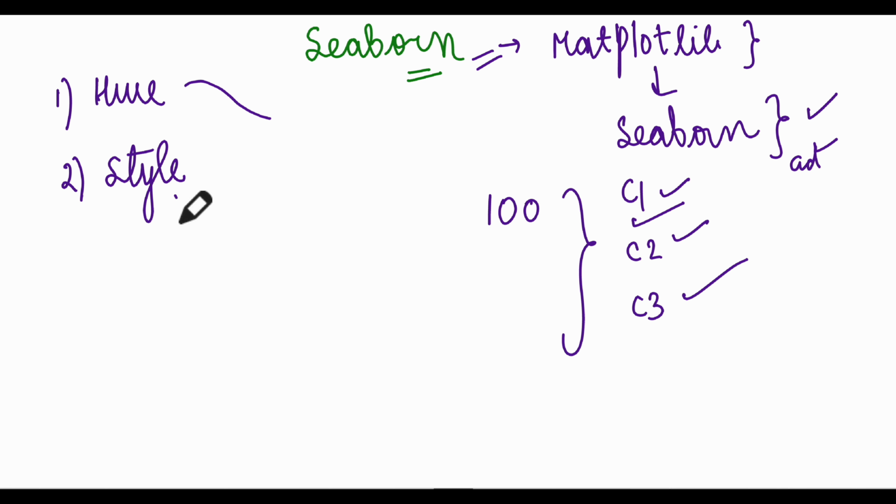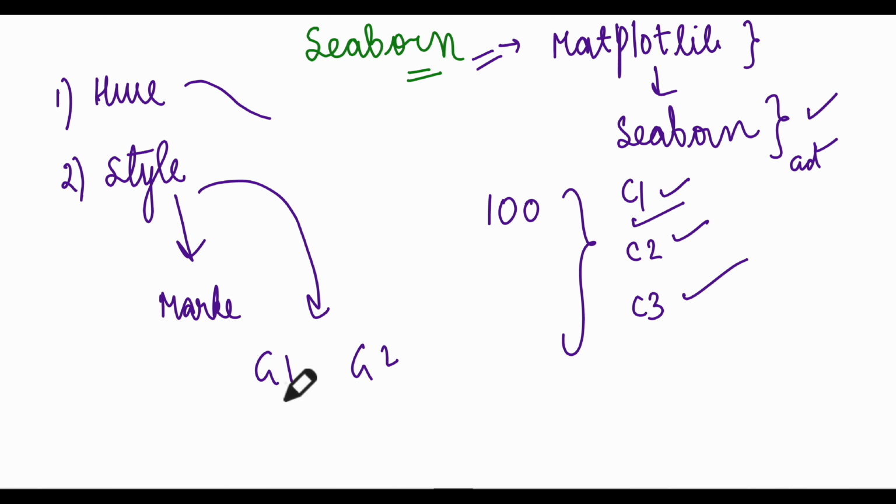And what is style? In style, it will give different markers to your data points based on groups. Suppose your data is divided into G1 and G2. Each point belonging to G1 will have a marker like this, and each lying in G2 is like this triangle. So this is what style and hue do to make your visualization a little better.